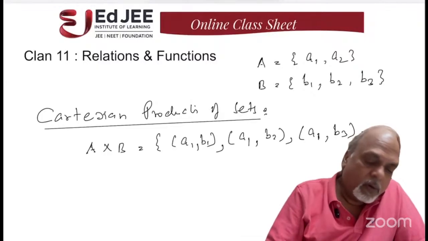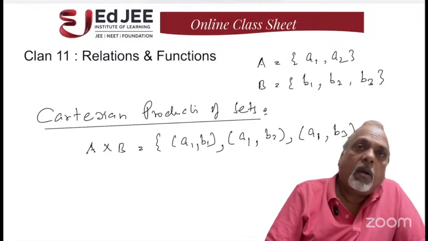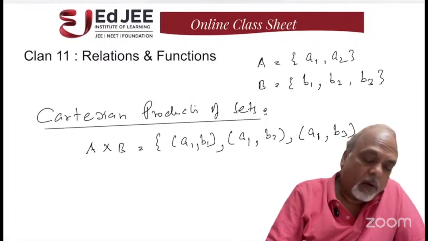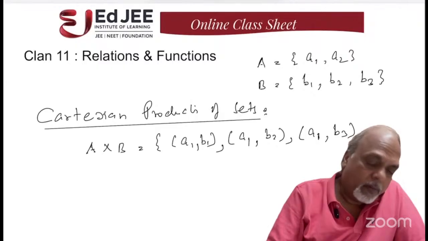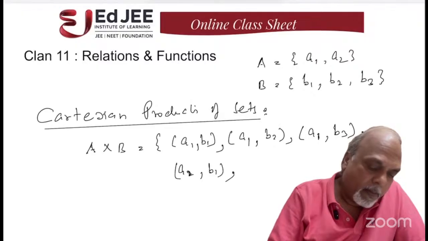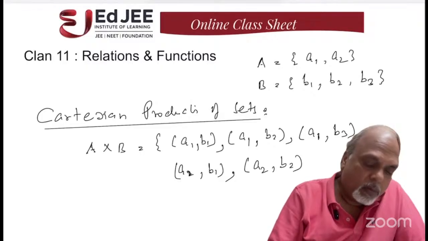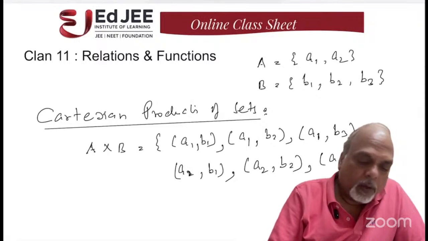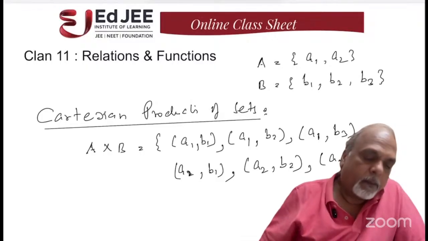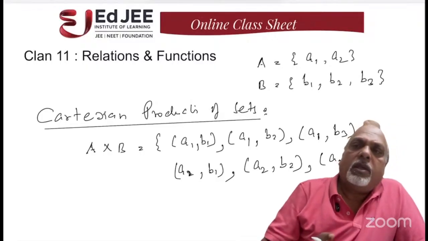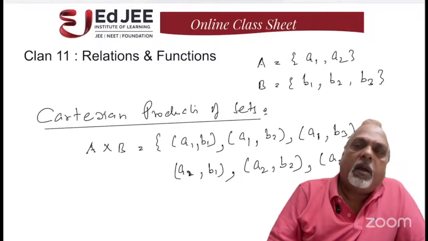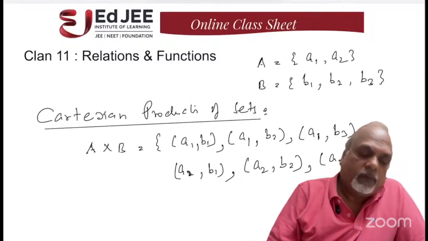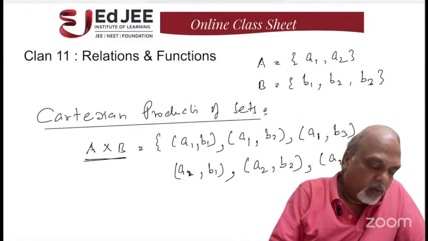Then we have to write for the second element. So A2, B1, then A2, B2, then A2, B3. Correct? So these are complete pairs, you can say ordered pairs of this Cartesian product A into B.